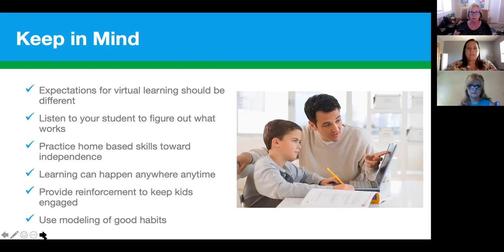And the expectations for virtual learning should be different than in-person learning. In person, if your child has a one-to-one, that one-to-one is sitting with them and assisting them through that. And they have that because the IEP team has determined that that is what's needed to meet your child's needs. And right now, that may not be possible. So you want to just adjust your expectations.